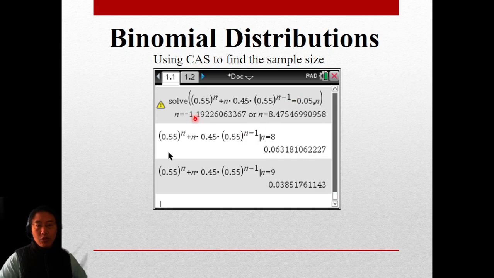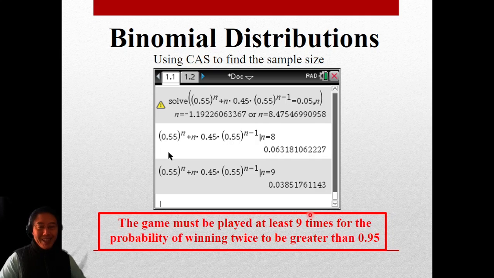You will get two values. This one is negative, so it needs to be excluded. So what you would do, knowing that the value has to be around here, to narrow it down, is you re-evaluate the probability with the n values of 8 and 9, and because of that percentage you can answer the question that it needs to be at least 9 times to be less than 0.05.